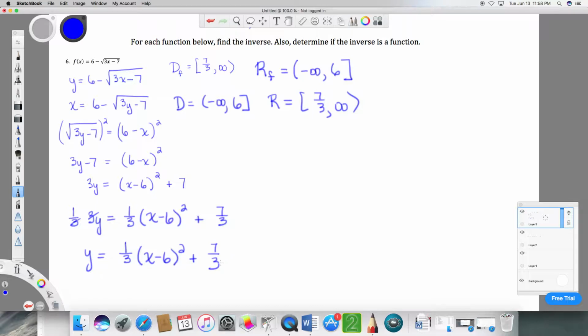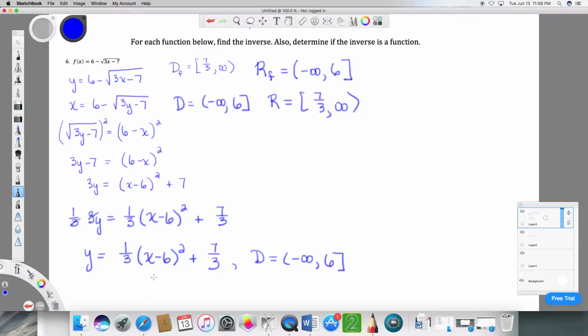But in this case, we can't do that, because when we switched the domain and range, we are now forcing the domain of this function to be from negative infinity, oops, that was a mistake, there can't ever be a bracket at negative infinity, so from negative infinity to 6.